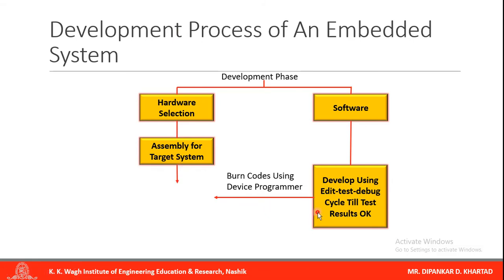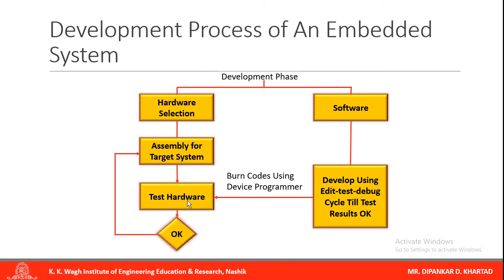After target assembly, there will be our test hardware process. If the results are okay, then no issue. If the results are not okay, then again it will go to the assembly for the target system, and then again we have to test the hardware.